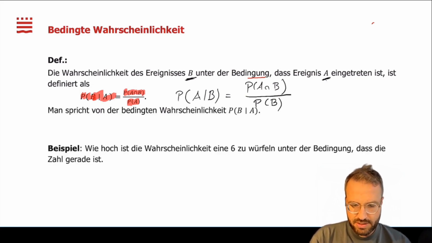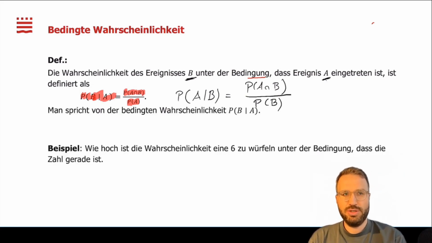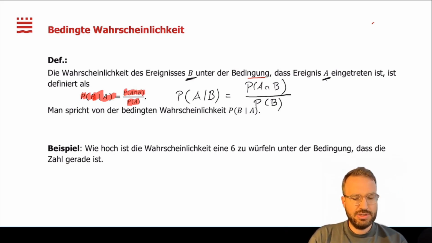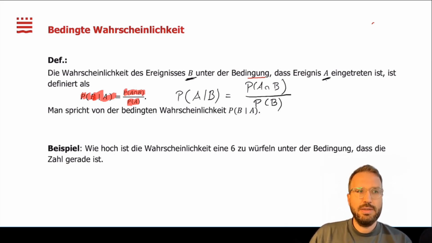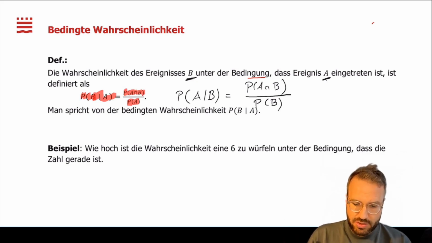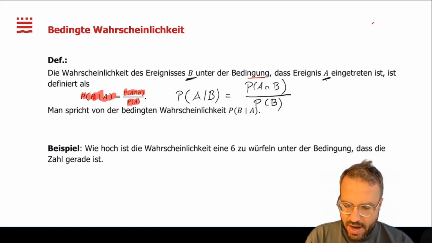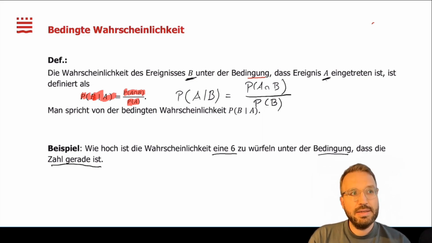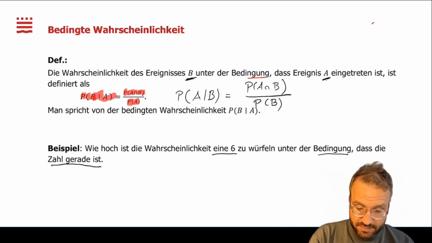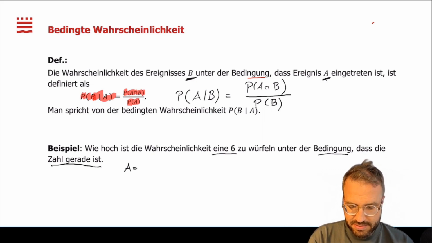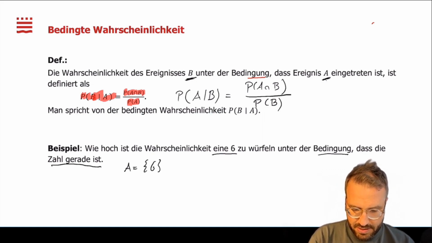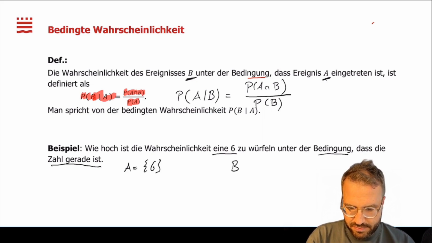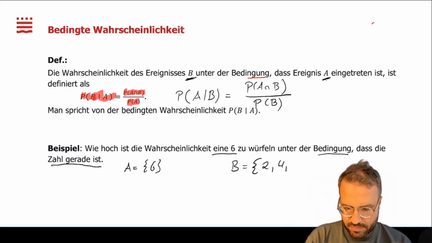We are talking about conditional probability, and we want to look at a simple example to recognize that it is actually an easy definition and that it often aligns with intuition. Specifically, we want to look at how high the probability of rolling a 6 is under the condition that the number is an even number. Event A would be the 6, and event B would be the even number, so that would be a 2, a 4, or a 6.